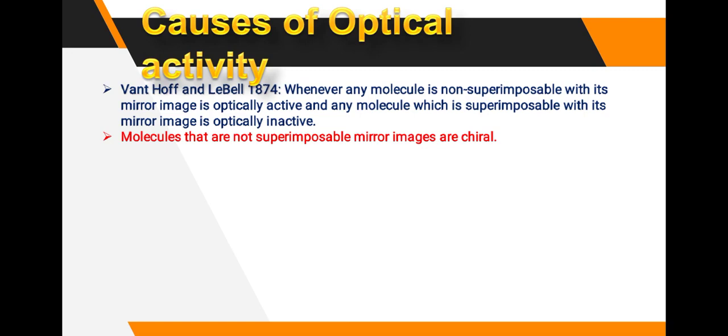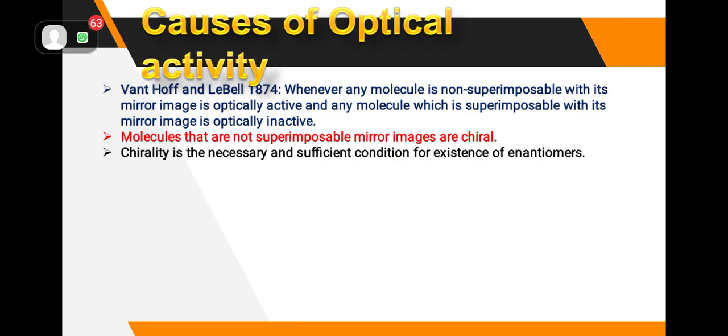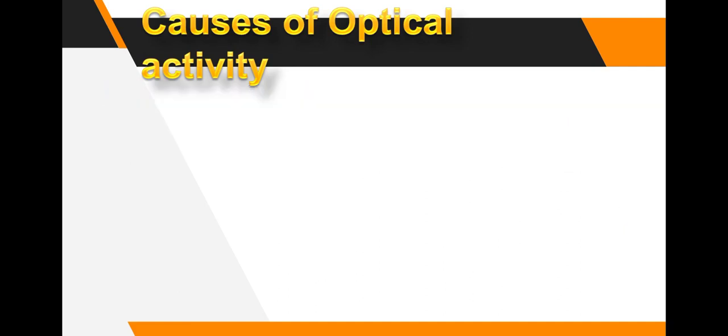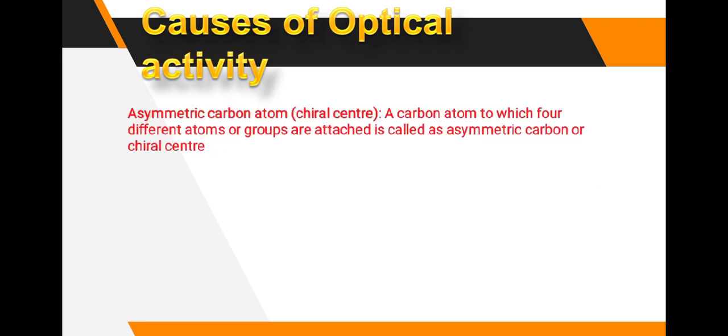Molecules that are not superimposable mirror images are chiral ones. Okay, then chirality is the necessary and sufficient condition for the existence of enantiomers. When you consider enantiomers, at that time you require the chirality of the molecule.